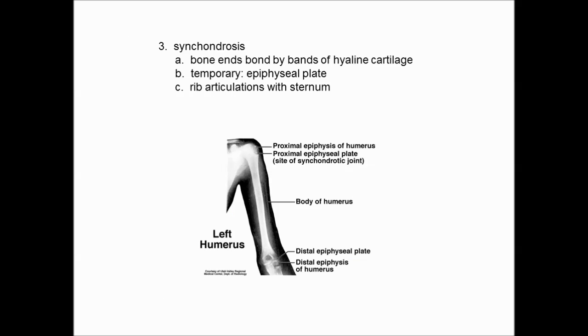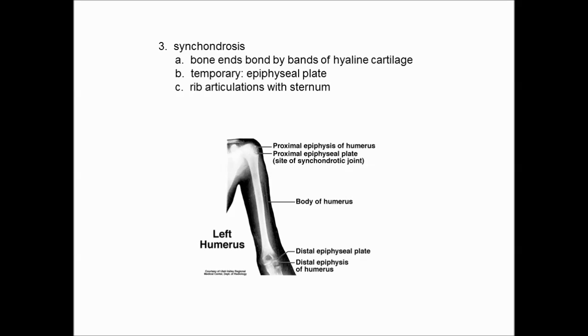The next type of synarthrosis is a synchondrosis, and the term chondrosis refers to cartilage. So it's two bones connected through cartilage, and a good example of that, as we mentioned last time, is the epiphyseal plate up in this area of a long bone.